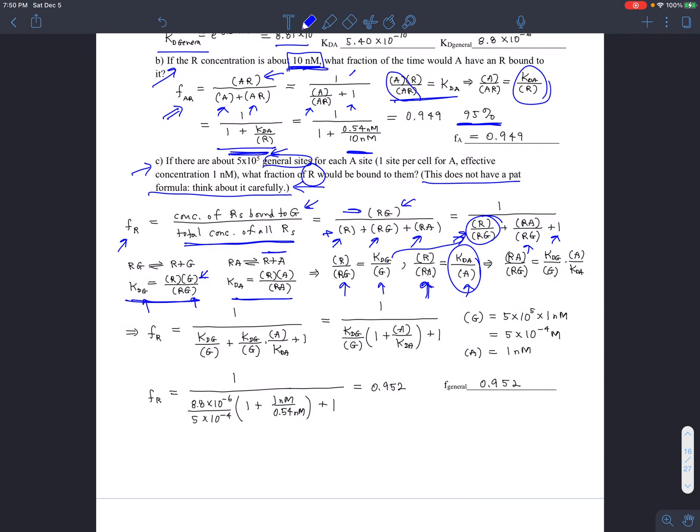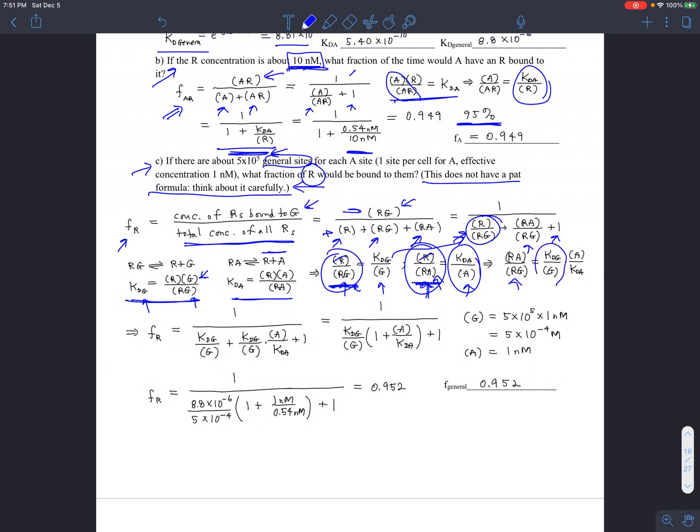But look, if we divide this guy by this guy, the R's are going to divide out, and we're going to get Ra over Rg, which is what I'm doing here, right?